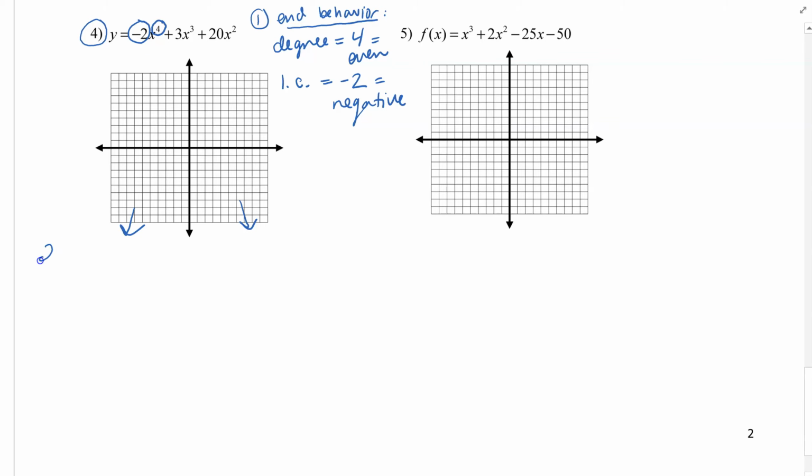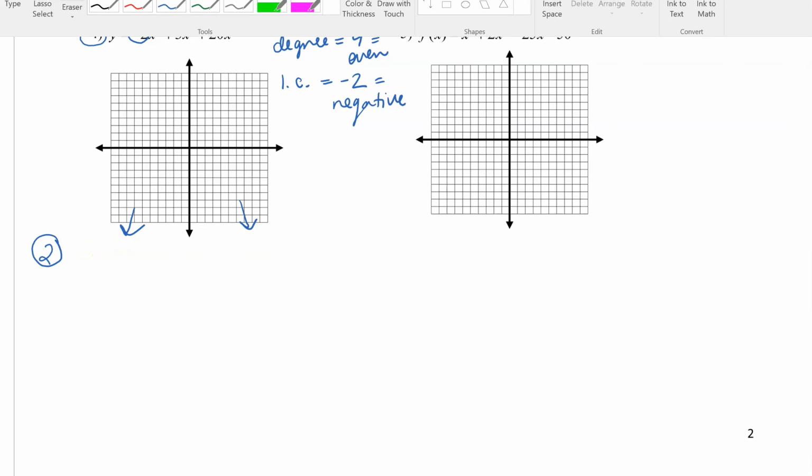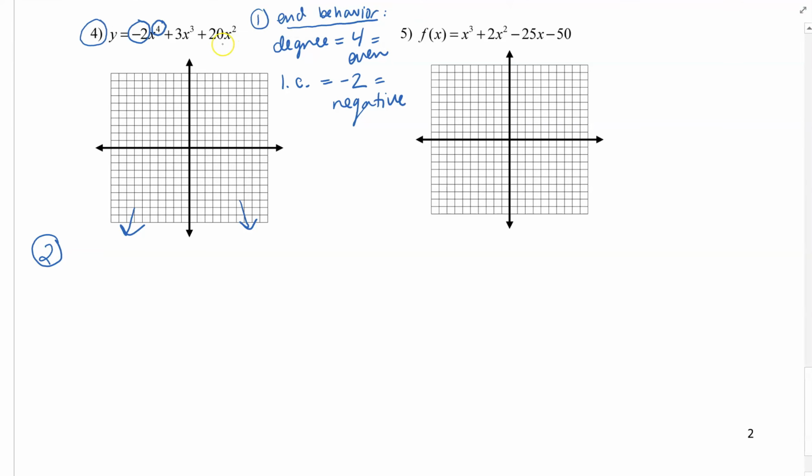The downside is to find the zeros, we have to do all the factoring ourselves. So if you go back up to these 3 terms here, we can see that they all have x's. And actually, they all have at least 2 x's. Right? So there's a GCF of x squared that I can pull out. And when I do, actually, wait, hold up. See how my leading term is negative?